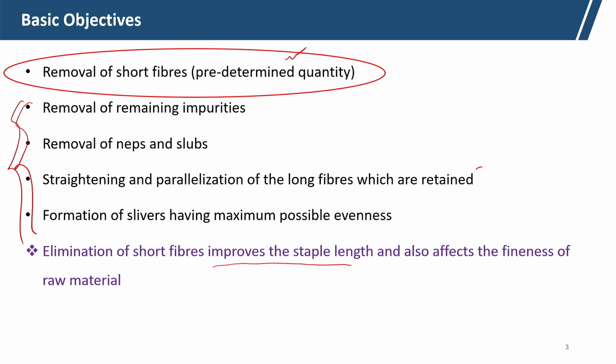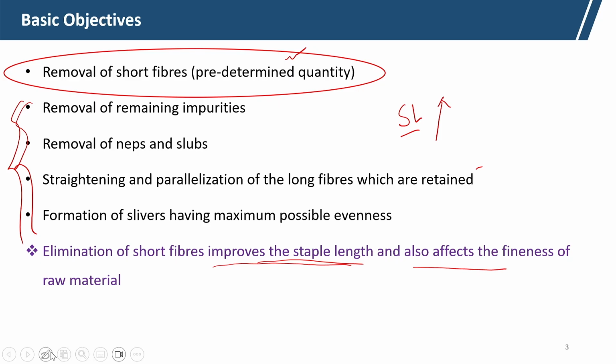When we remove the short fiber, it improves the staple length; the staple length of the fiber increases because short fibers are removed, but at the same time it also affects the fineness of raw material.